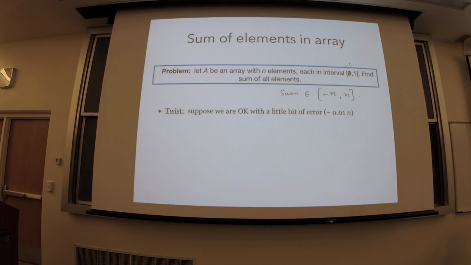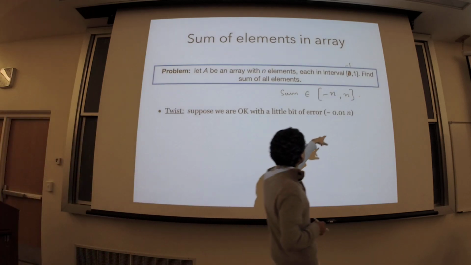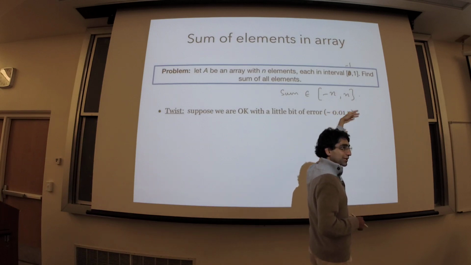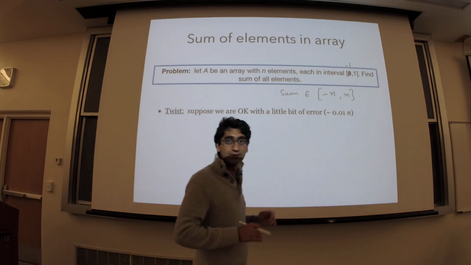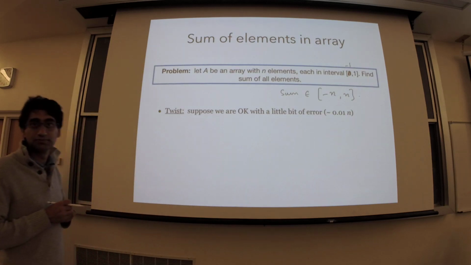It's just some arbitrary array, and the fact that you can do something like this in a very small amount of time is actually rather surprising. Because you don't have to look at each possible element, and you get an error that is relatively small compared to the range in which the sum is supposed to lie.